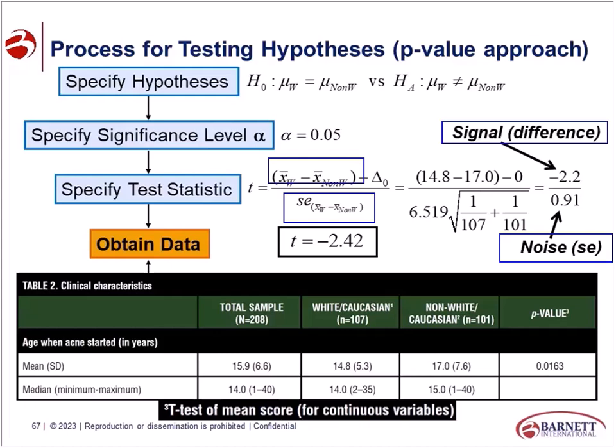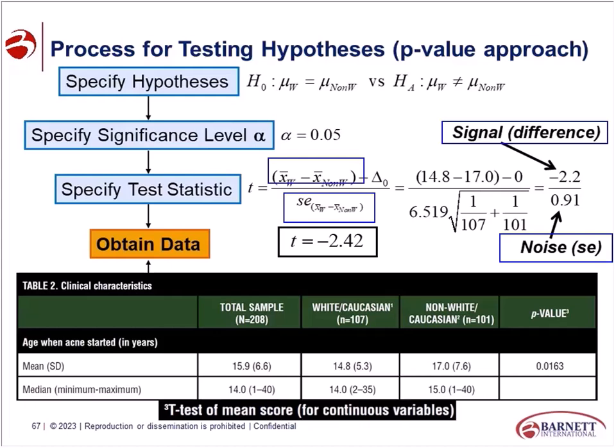The more variability you have, which is a larger standard error in the denominator, the smaller the test statistic. Okay, so again, the test statistic is a ratio between what's observed and how much variability there is from experiment to experiment.